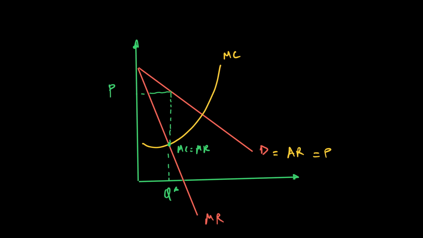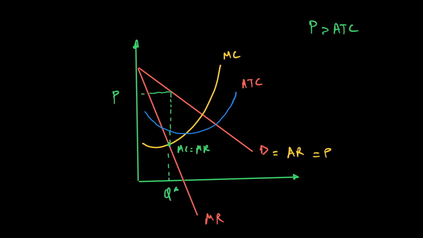Now, in order to make supernormal profit, remember, price has to be greater than ATC. So my ATC is such that it is below my demand curve, and below my price at Q star.